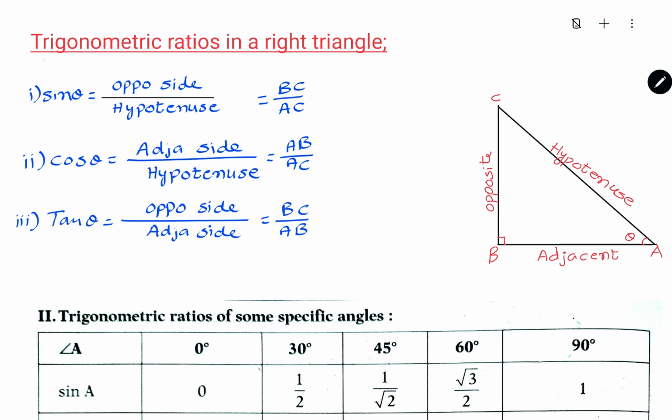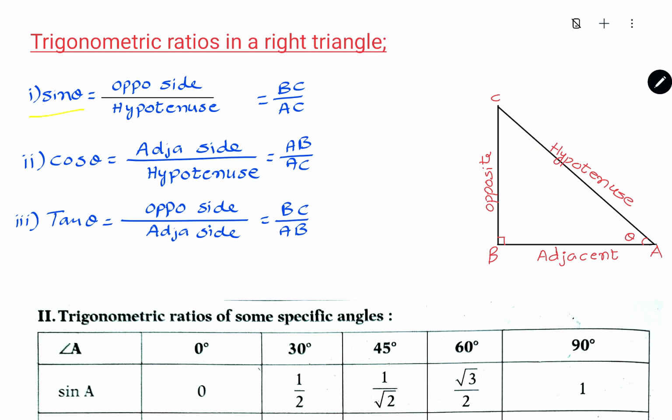Now we will discuss trigonometric ratios in a right triangle. Here this is angle theta, this is the opposite side, this one is the adjacent side, and here the hypotenuse. Opposite side is BC, adjacent side AB and hypotenuse AC.